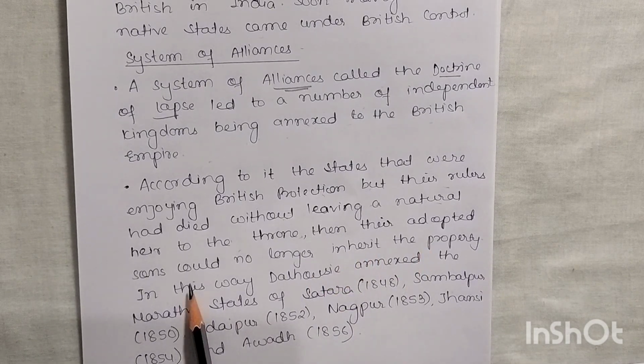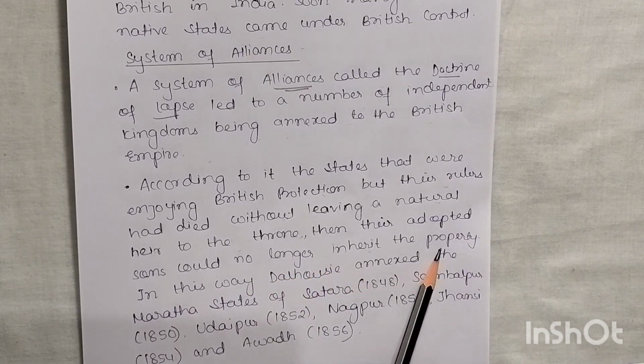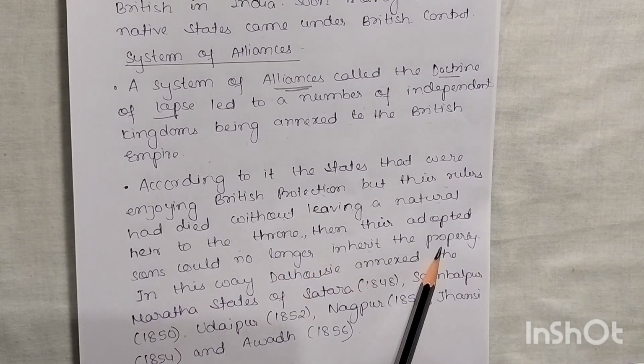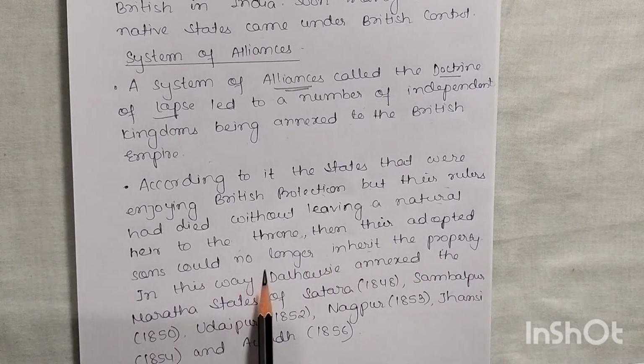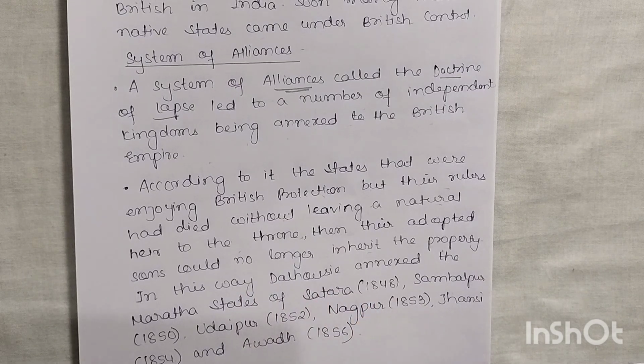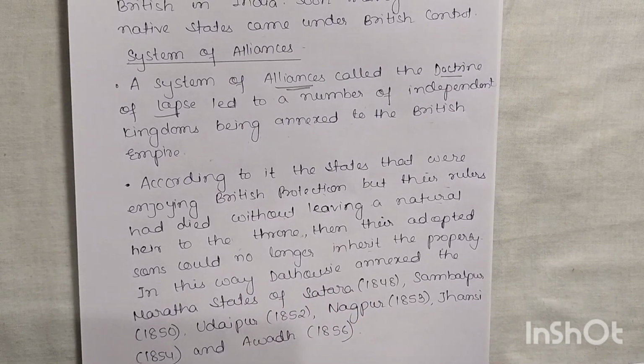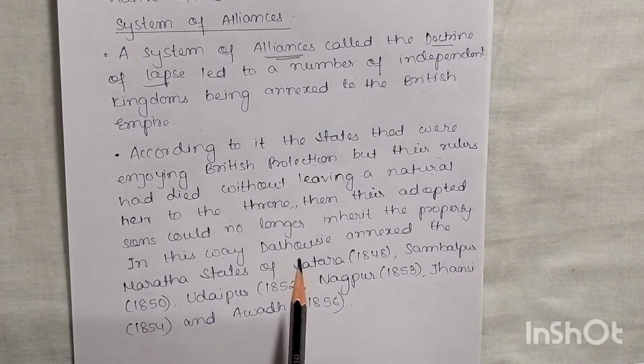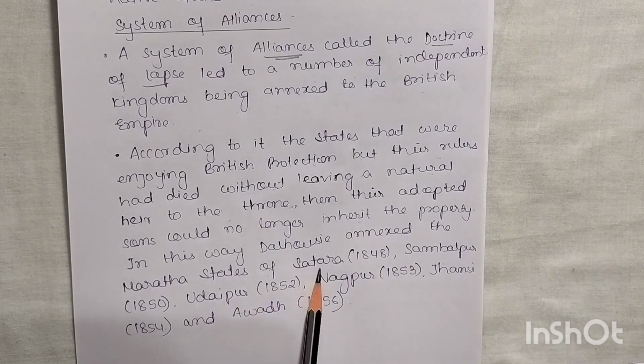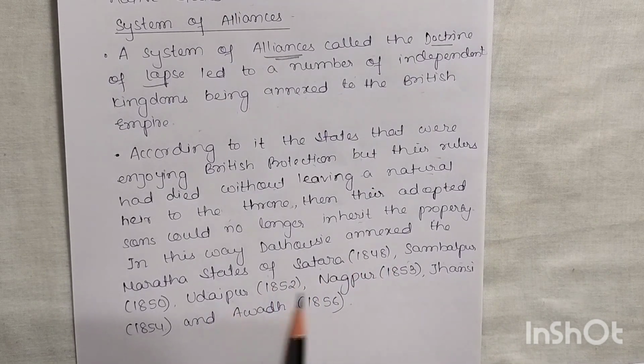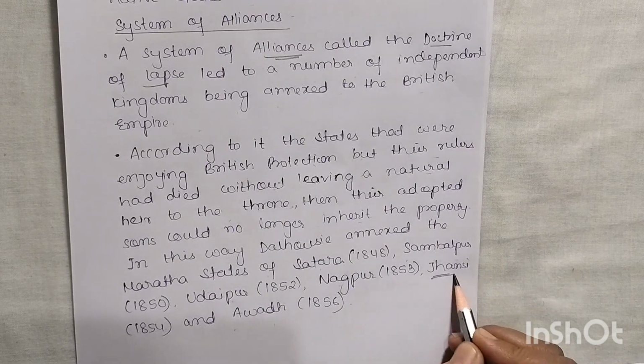Then their adopted son could no longer inherit the property. So if they had adopted a son and wanted him to rule the country and become the king, then the Britishers were not going to accept this. So in this way, Dalhousie annexed the Maratha states of Satara, Sambalpur, Udaipur, Nagpur, Jhansi and Awadh. You have learned about this one, no?